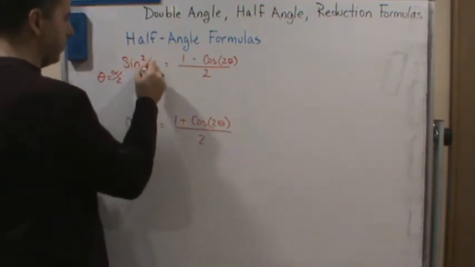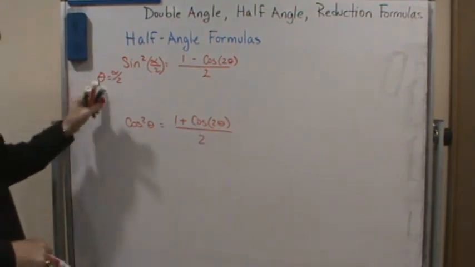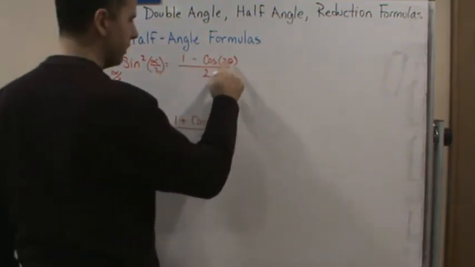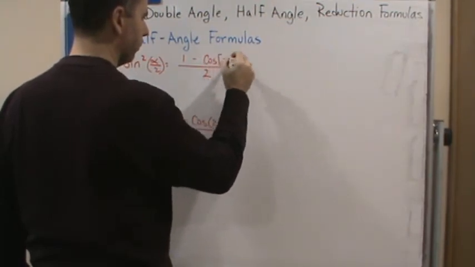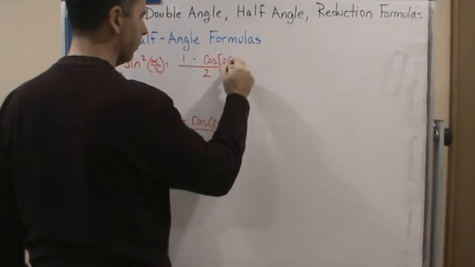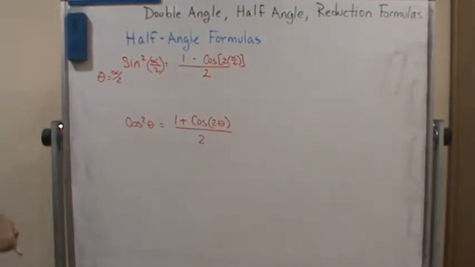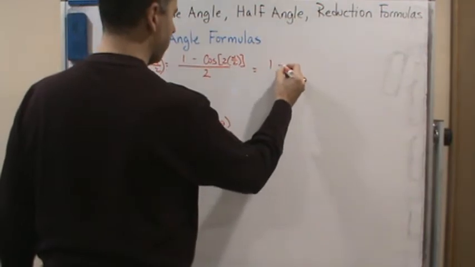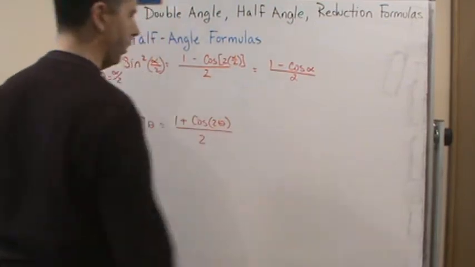Assuming it's the same angle, but I'm just rewriting it to be half of another angle, I'm going to replace this in here with alpha over 2. And what happens is I get 1 minus cosine alpha over 2.